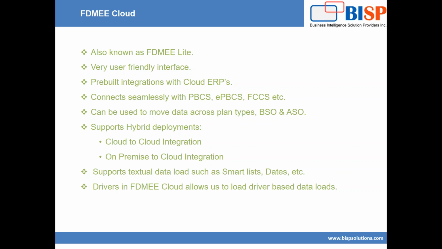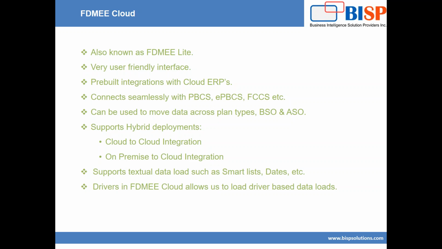When I say hybrid format, you can connect them to a cloud FDMEE, and you can also connect them to an on-premise FDMEE. Let's say you want to move data from an on-prem HFM application to a cloud PBCS application. It is possible using on-premise FDMEE. However, if you want to load data from one PBCS instance to a different PBCS instance using FDMEE Cloud, that is possible.